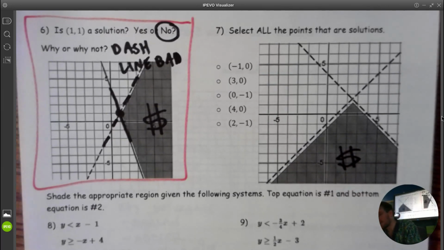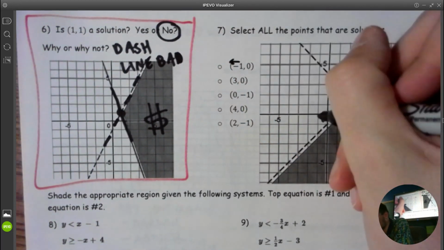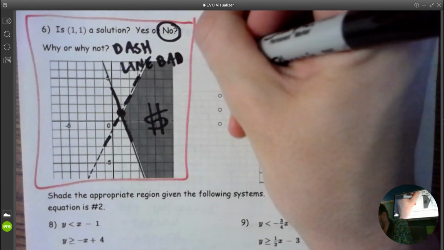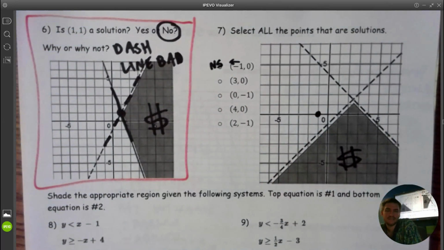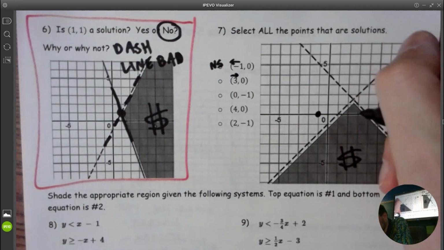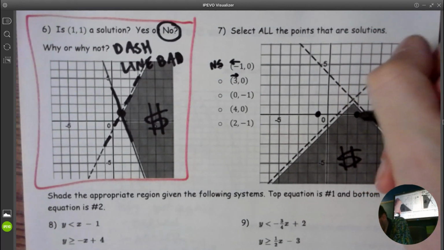Number 7, we get 5 different coordinates. -1, 0 tells me to go left 1, which is right here. Honestly, that's not even close. Maybe I'll do a little NS for not solution. 3, 0 tells me to go to the right. 1, 2, 3. That's right here.